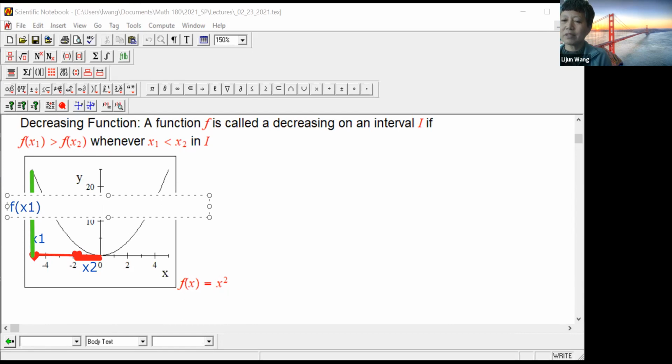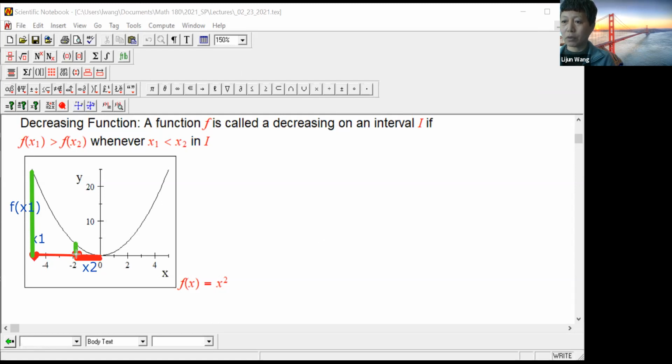I cannot emphasize enough about these basic concepts. I couldn't tell you how many times I have a student in calculus 2 who forgot about this basic concept, and that prevents them from seeing what they should be seeing. Okay, so let's look at f of x2.